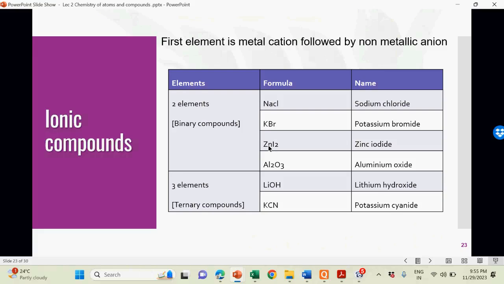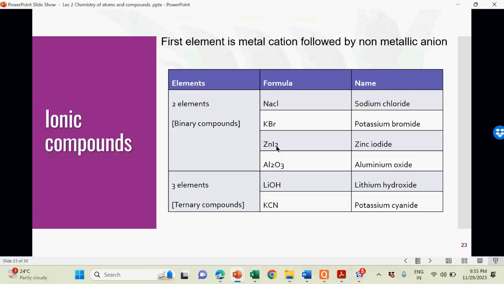Zinc iodide: one zinc atom can lose 2 electrons, and each of the 2 iodine atoms can accept 1 electron, so they become iodide ions, and the zinc keeps its name. It will be zinc iodide, with only 1 zinc atom and 2 iodine ions. So it is 1 to 2. This is the ratio, or the definite proportion, if you remember.